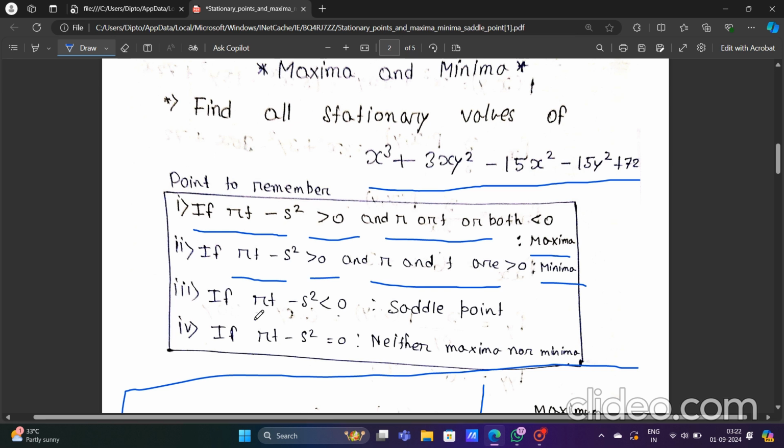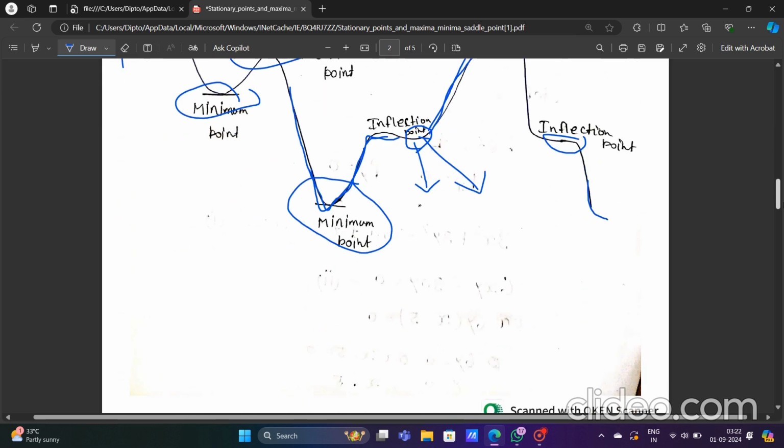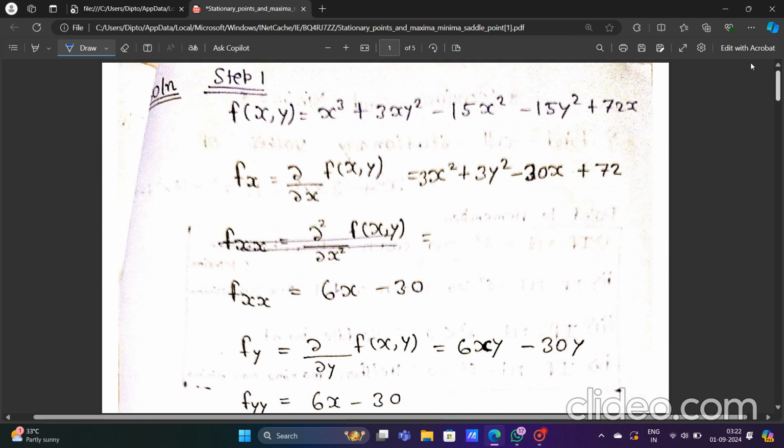Or if rt minus s square is negative, then we are getting the saddle point. In that particular case, r is positive and t is negative, or r is negative and t is positive. And if rt minus s square equals 0, then we are not getting maxima, nor are we getting minima. Let's go into the numerical part.